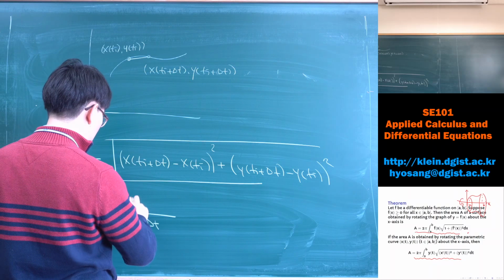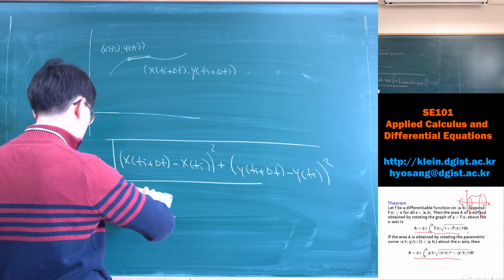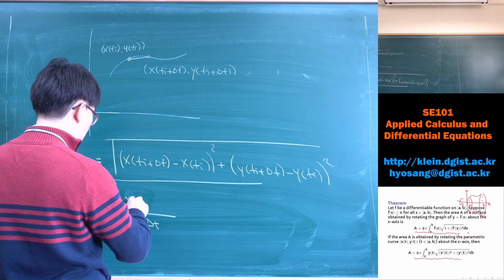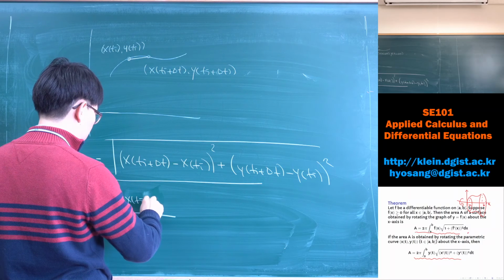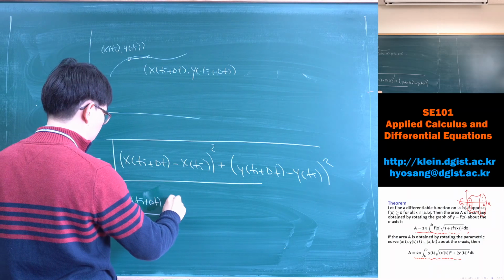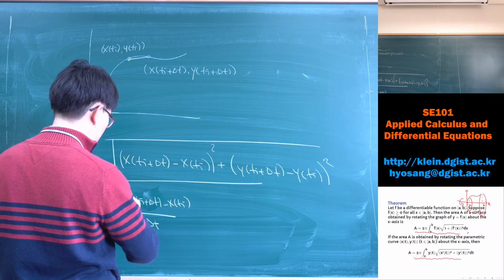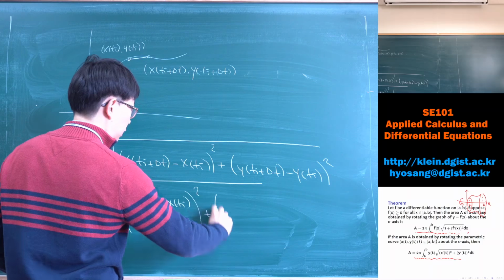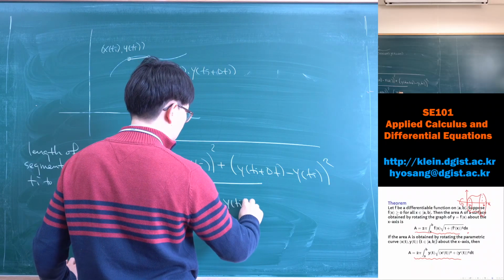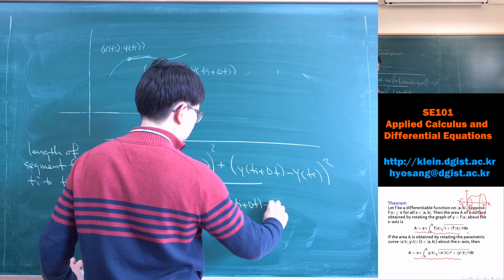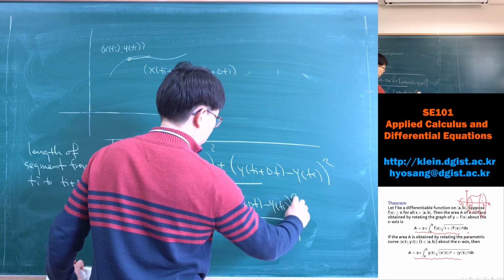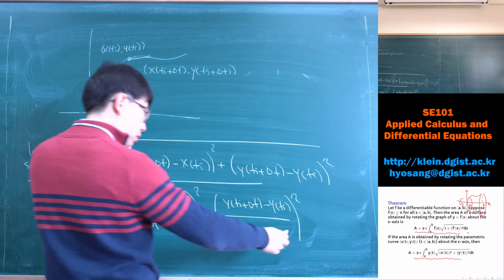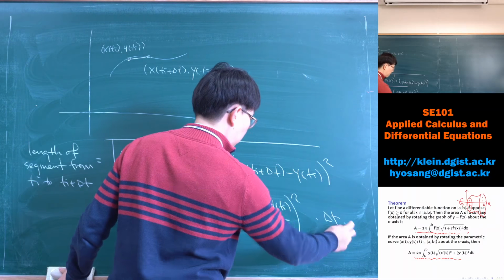So delta t times the square root of ((x(ti plus delta t) minus x(ti)) over delta t) square, and then ((y(ti plus delta t) minus y(ti)) over delta t) square, and in the outside of the square root we have delta t.